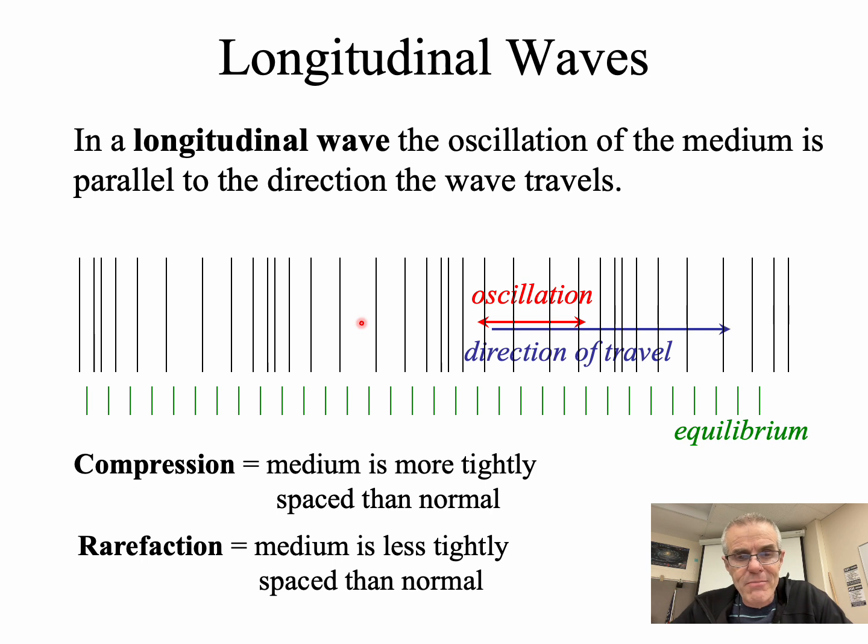So I guess that's where the name comes from. Rarefaction is a fun vocab word. So I have a series of compressions and rarefactions. If you look at this pattern, I have compression and then rarefaction and then compression and then rarefaction and so on. So taking the place of crests and troughs, we have compressions and rarefactions.